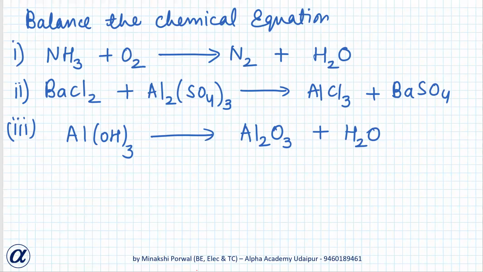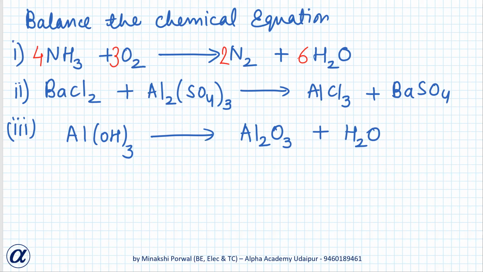One minute. 4NH3 plus 3O2 gives 2N2 plus, how many H2O? Ma'am, 6H2O. Okay, 6H2O. Okay, so this is the first answer.